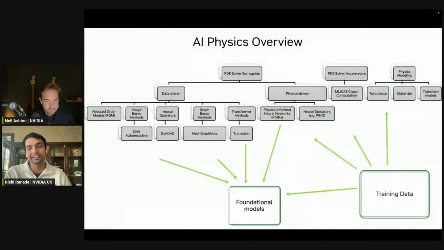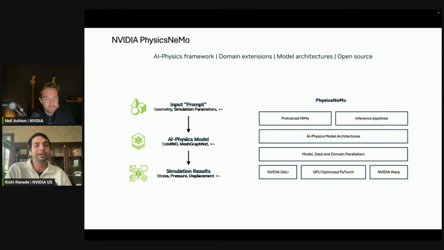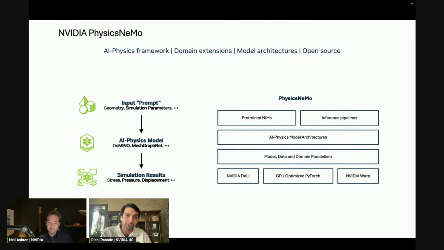I could do a minute just to set the background. Everything that you see here can be overwhelming, right? You have these different architectures, different ways of training these architectures. So at NVIDIA, we came up with an AI physics framework called PhysicsNeMo.